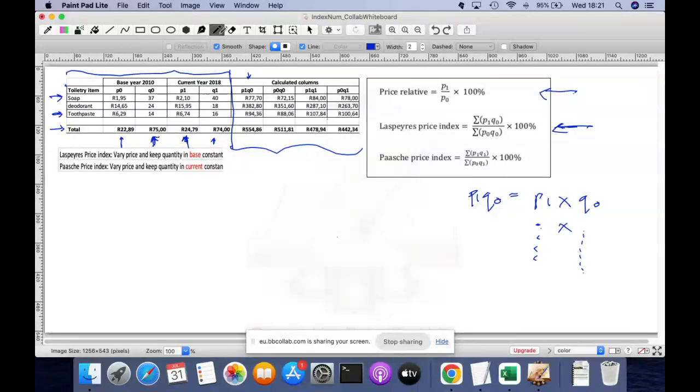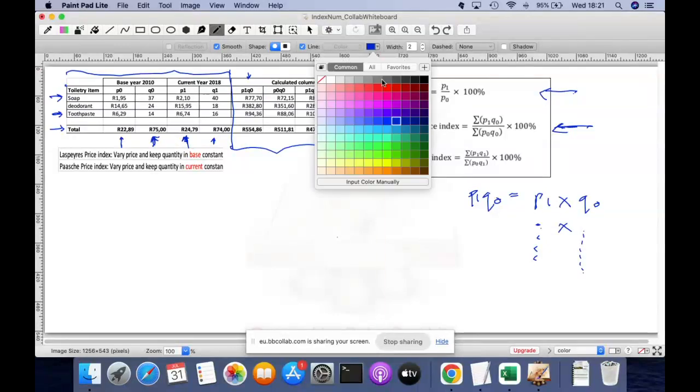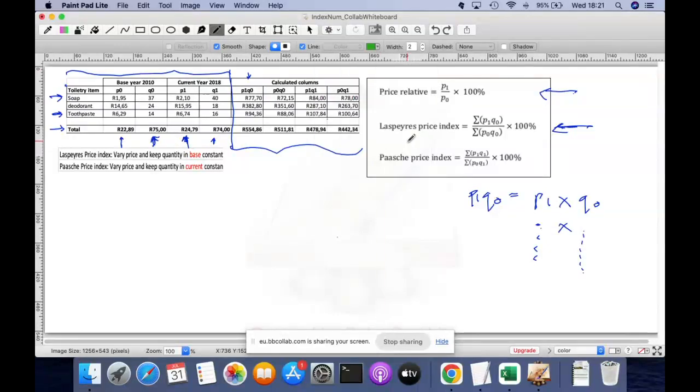Let me use different colors to draw your attention to that. We'll go with green. So that's P1, and then Q0. We're going to look at these two columns to get this column, because that's what the heading is, P1 Q0. So we multiply each of these row values together.